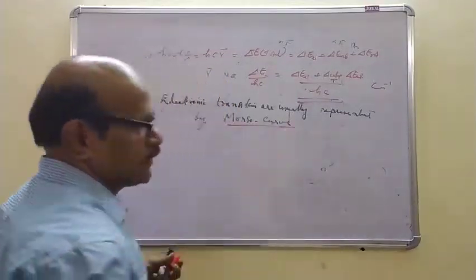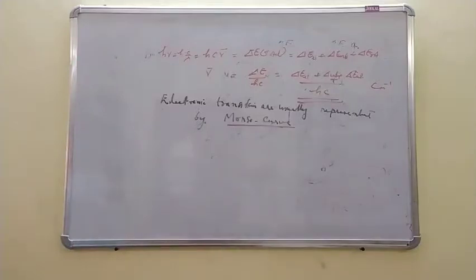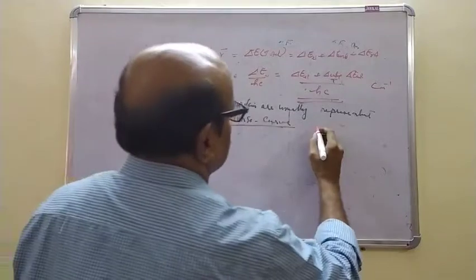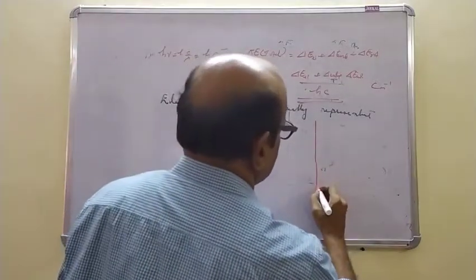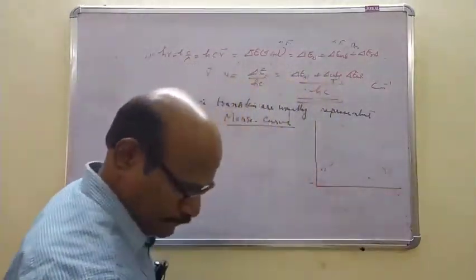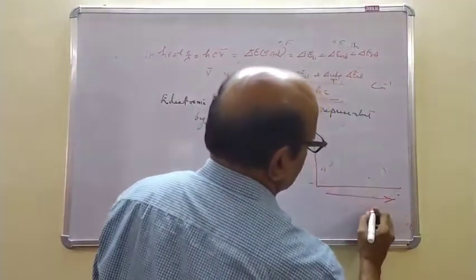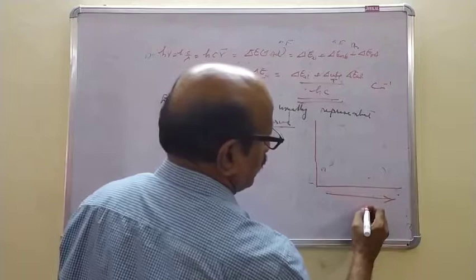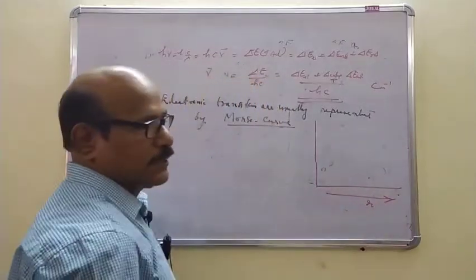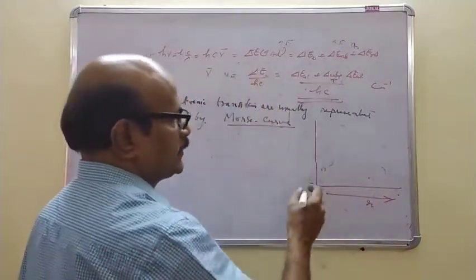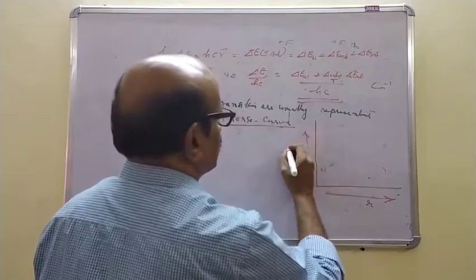A Morse curve is a curve that represents the variation of the potential energy of the molecular system plotted against the internuclear distance. The internuclear distance is the x-axis, and the y-axis is the potential energy.